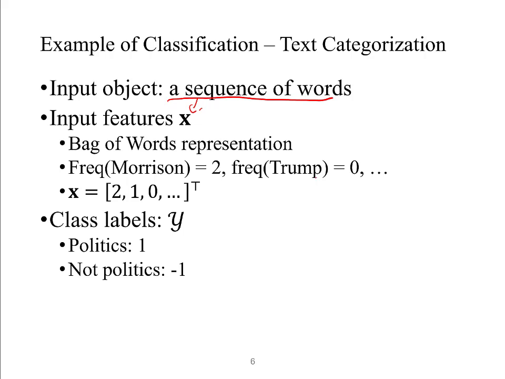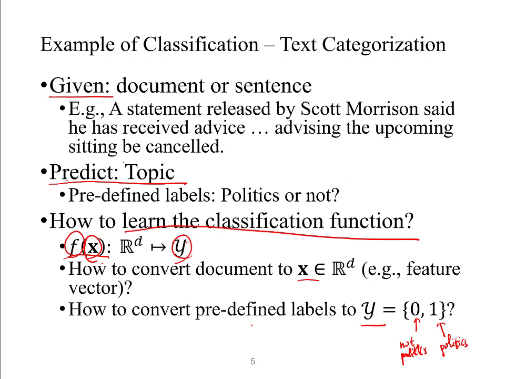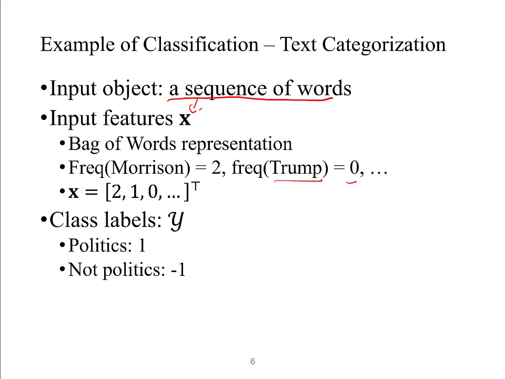That's why you would see that Trump, for example, is also a word that you need to consider, although the frequency of Trump in this document would be 0. You would finally get your feature vector, which is just the frequency of different words.